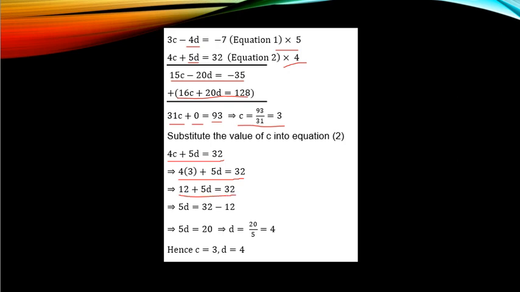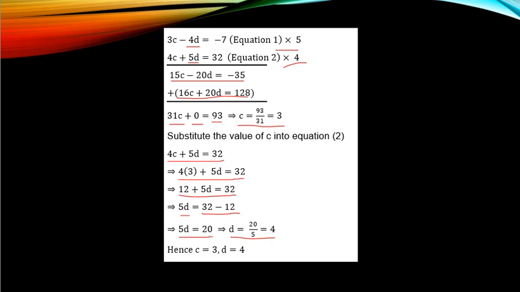So you transfer plus 12 to the right hand side, and it becomes 32 minus 12, leaving d on the left hand side. If you subtract, you have 5d equal to 20. To get d, divide both sides by 5. So d is equal to 20 divided by 5, and that is 4. Hence, c is equal to 3 and d is equal to 4.